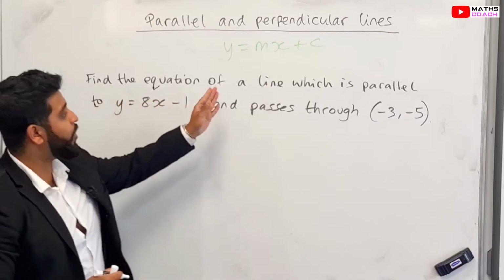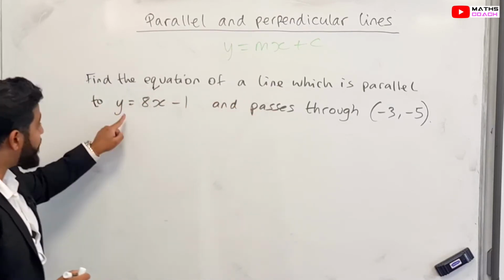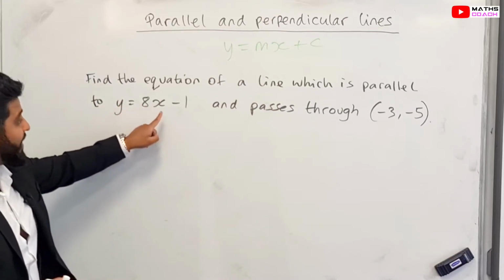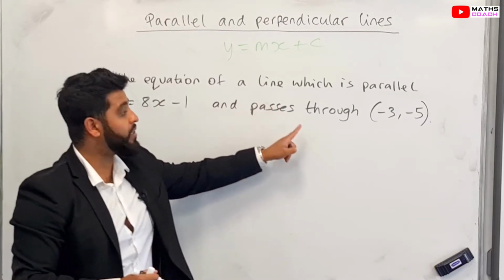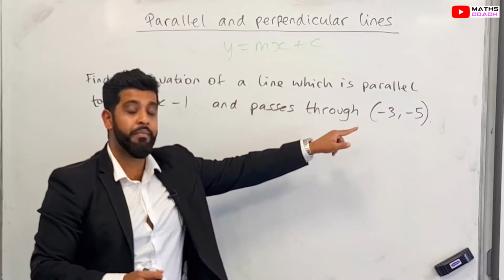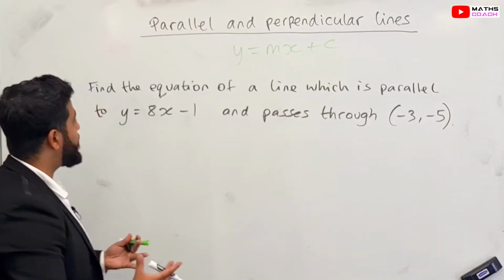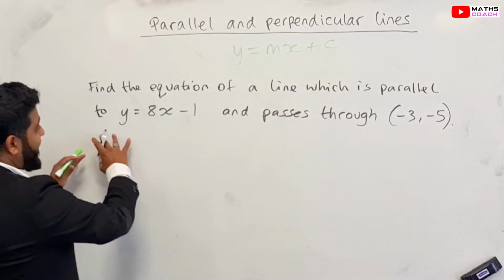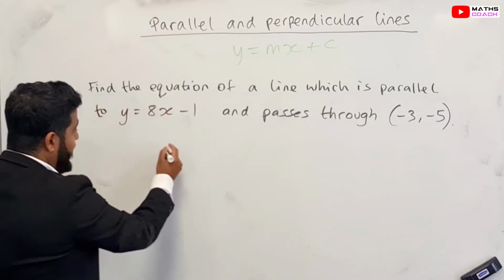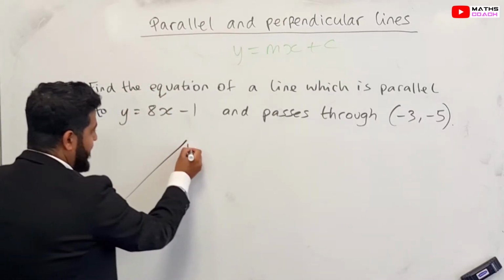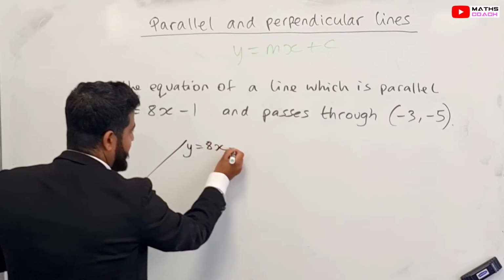Find the equation of a line which is parallel to y is equal to 8x minus 1 and it passes through minus 3, minus 5. So what does this question want us to do? Well, we are given this equation of a line. So let's just quickly draw a rough sketch of that. So y is equal to 8x minus 1.